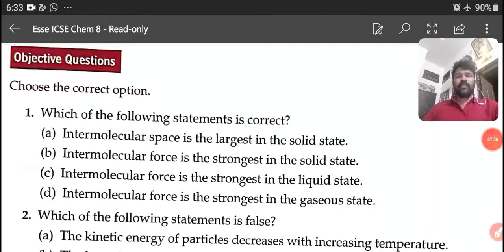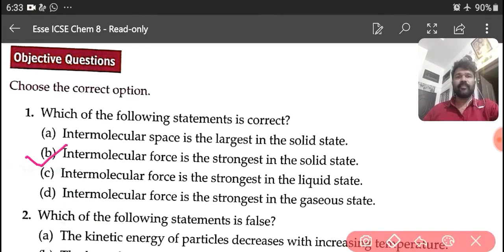Now we will start objective questions. Our first question is, choose the correct option. Which of the following statements is correct? Option B is the correct answer. Option B, intermolecular force is the strongest in the solid state.